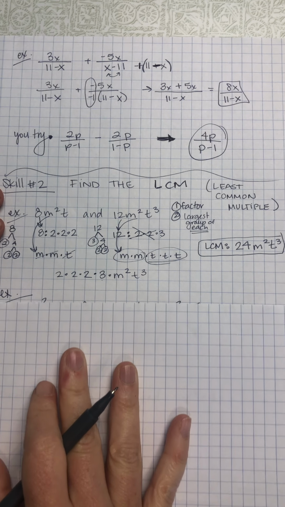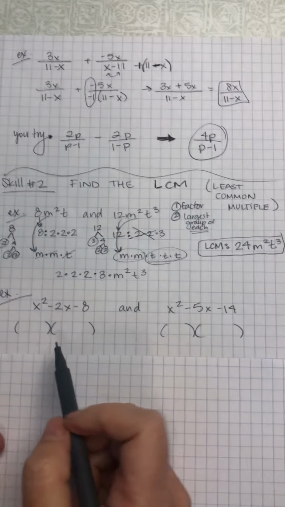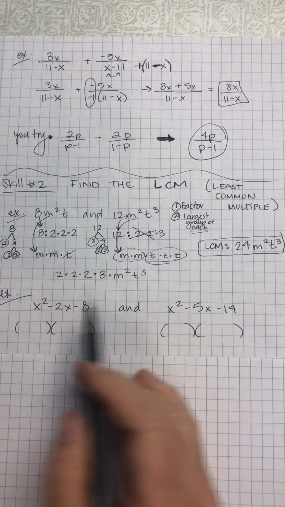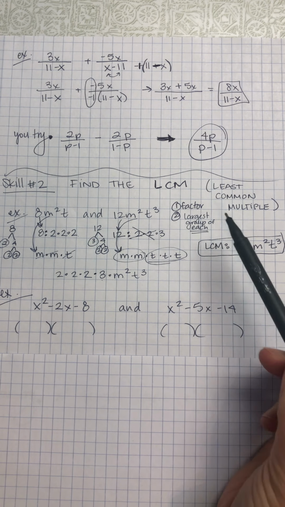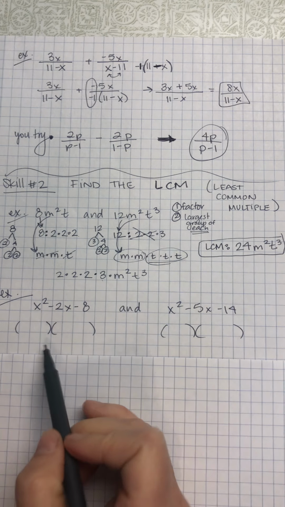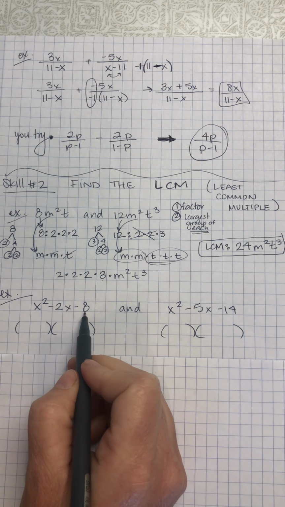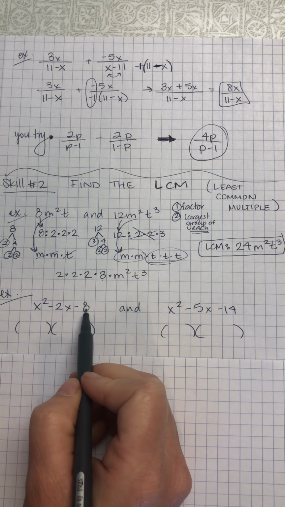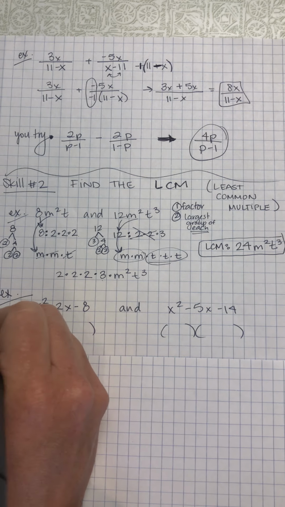Let's take a look at some trinomials. We've got our trinomials here. These are the two we're supposed to find the LCM for. So we want to factor, and then we're going to use the largest group of each, okay? If I factor this, I'm trying to think of what I will get that equals -8 when I multiply and -2 when I add.